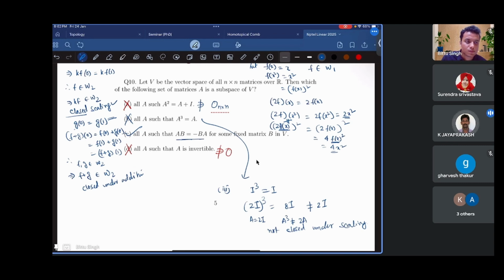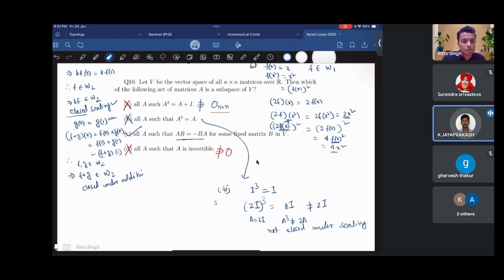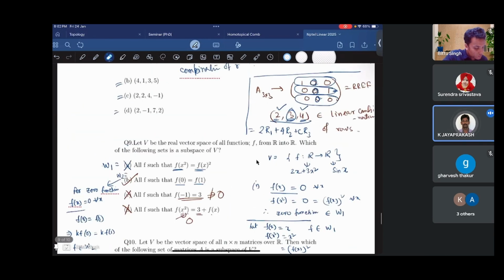Is there any question? Sir? Yeah. Sir, that last option you put some symbol. The ninth question you are using a vertical bar, but here it is on the left side. Yes.